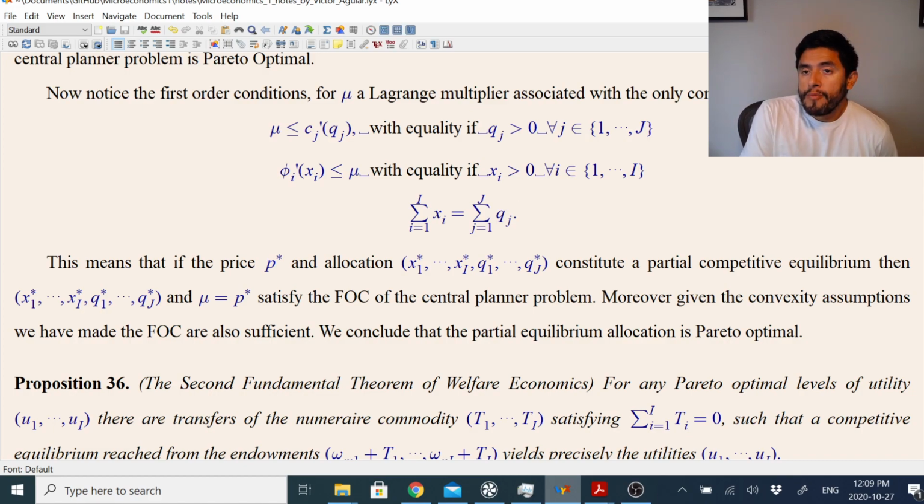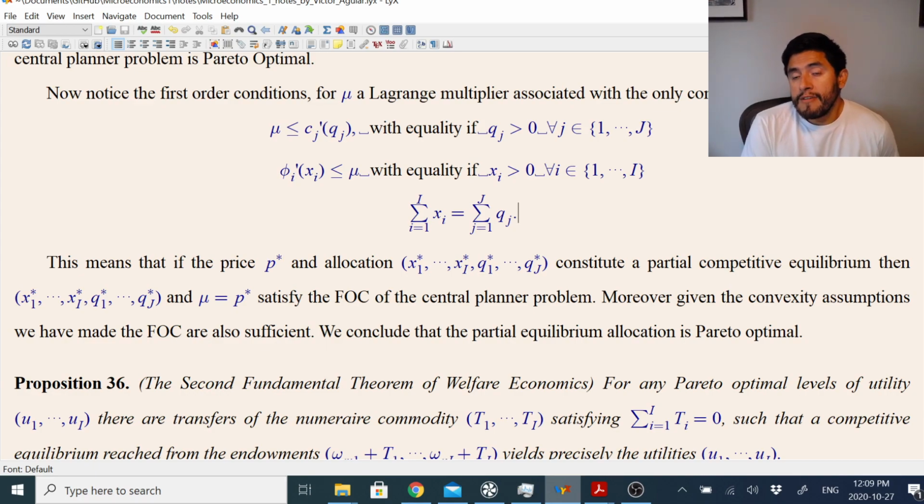If this supercomputer with all computational power and all information was to solve the problem of maximizing surplus and making everyone the happiest possible, it would come up with a solution in terms of these first order conditions, under convexity and differentiability, that corresponds to this system of equations. Now, there is a Lagrange multiplier here, mu, that can be identified mathematically one-to-one with a price.